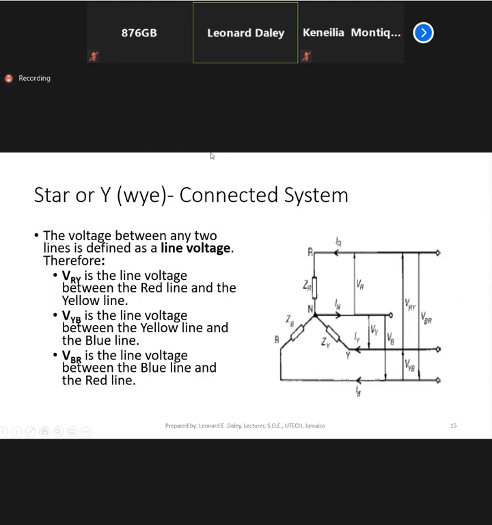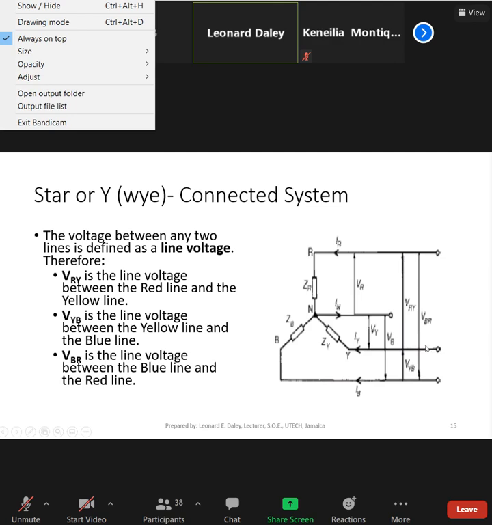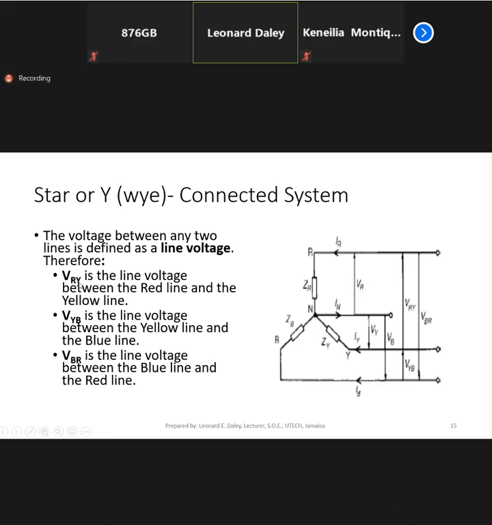All right, by definition, the voltage between any two lines is called a line voltage. So we have a voltage between the red line and the yellow line. That's a line voltage, and that would be named VRY.